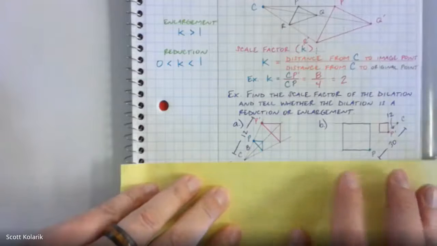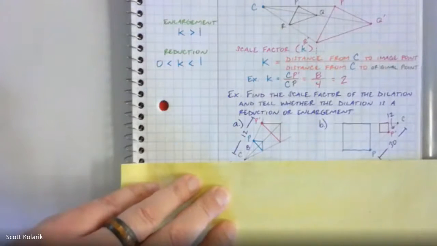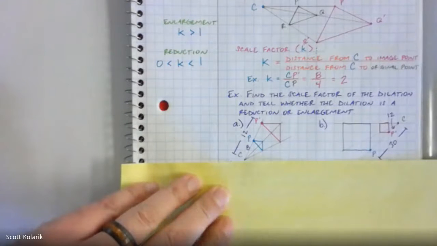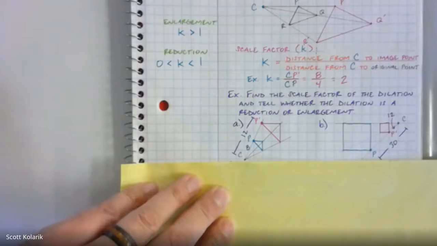So here we're given the following diagrams, and we're asked to find the scale factor of the dilation that's being shown. So our job here is to identify k. Not just whether or not it's getting bigger or smaller, but to actually measure how much bigger or how much smaller the dilation is that's happening.